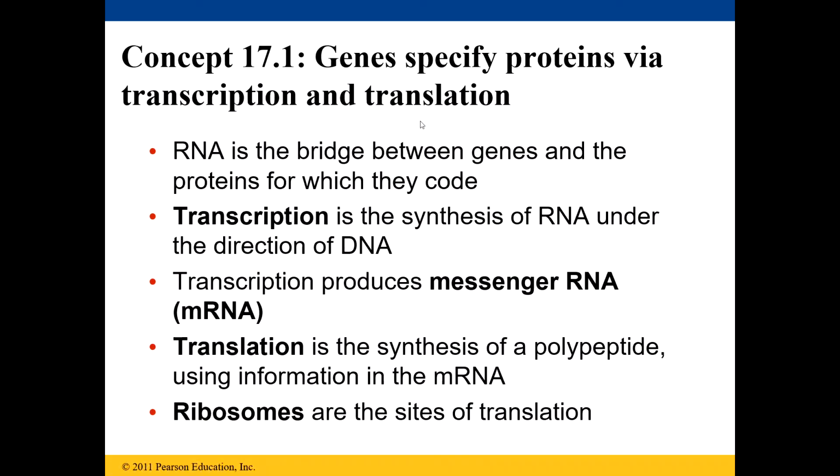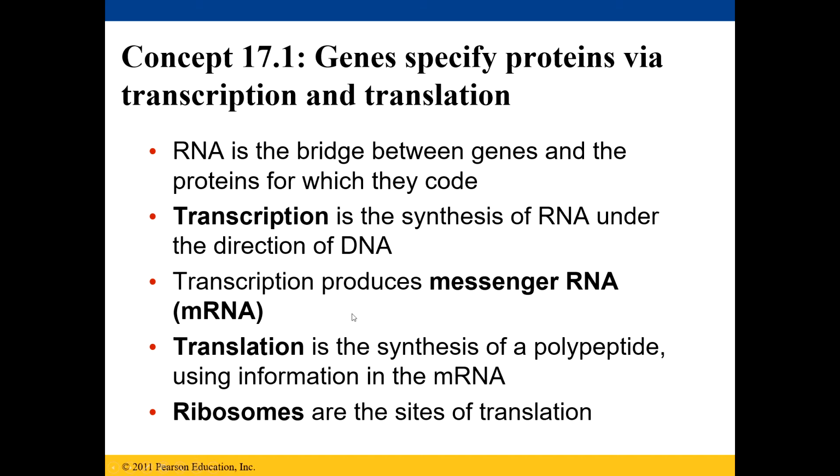Okay, so looking at concept 17.1, where genes specify proteins via these two processes, transcription and translation, what you want to remember is transcription is converting DNA to RNA, and it happens in the nucleus, and then translation is converting RNA to protein. And often you're going to see messenger RNA emphasized as mRNA, the M for messenger.